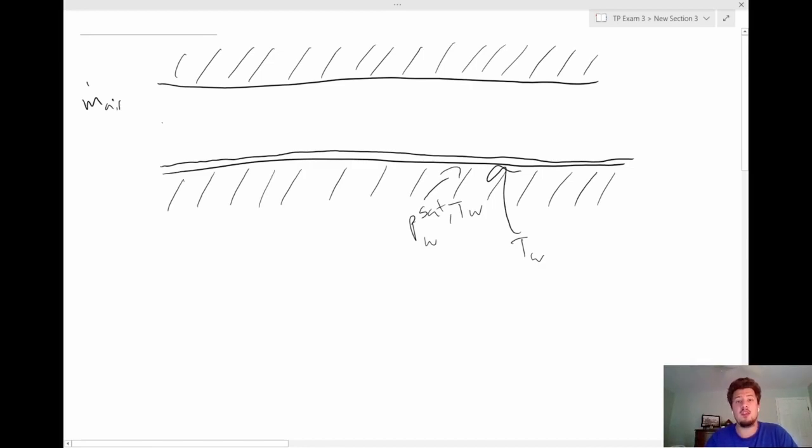Because this tube is infinitely long, the evaporation of water will saturate the air in the system. So we know that the partial pressure exiting the system will eventually be the partial pressure of the water at TW.